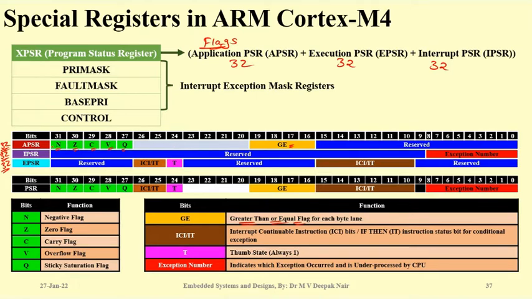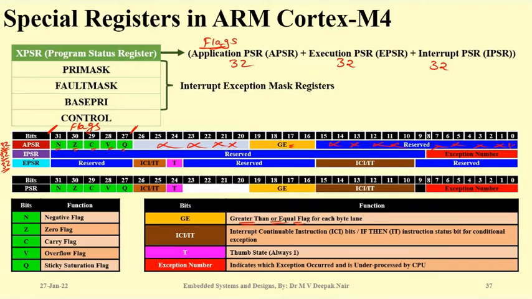So APSR's flags are bits 30 to 27. Then these are all vacant, they are not used. You don't have to memorize this, don't worry, but still know what is inside this register. GE means greater than or equal to, and then again these are not used, reserved. They will be used in future, maybe by some other vendor or company.